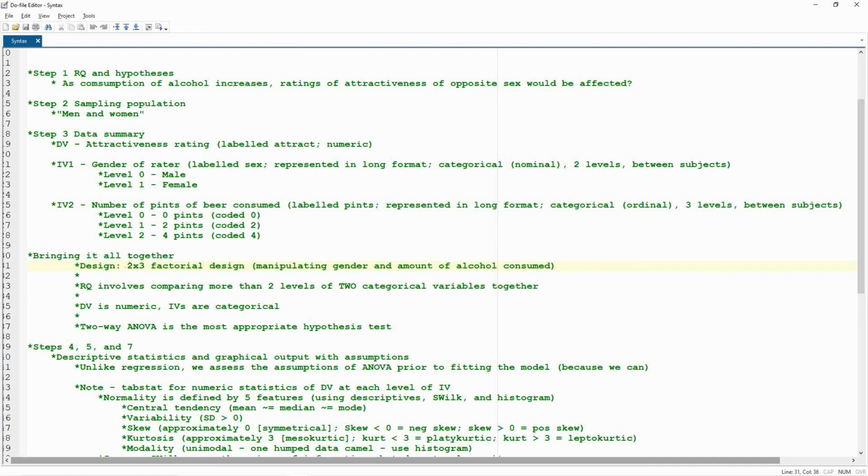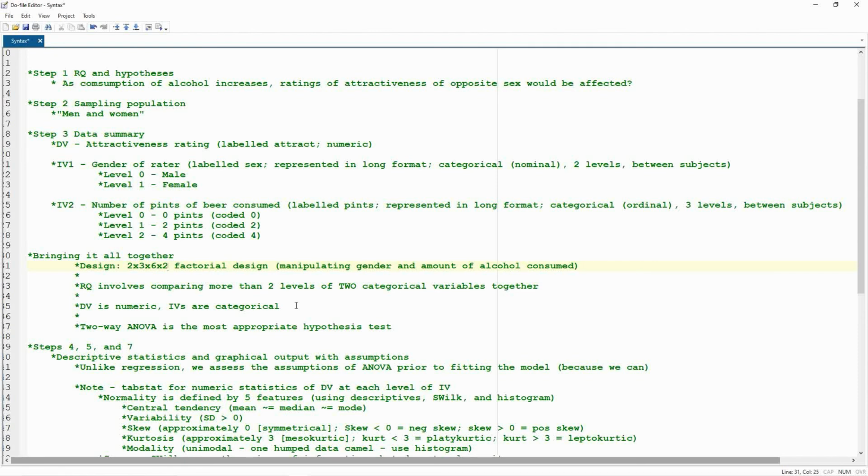Now 2x3 doesn't mean 2 variables with 3 levels. It actually means that my first variable has 2 levels, and then my second variable has 3 levels. So if I had a third variable, and let's say it had 6 levels, I would say 2x3x6. If I had a fourth variable with 2 levels, again, it would be 2x3x6x2.